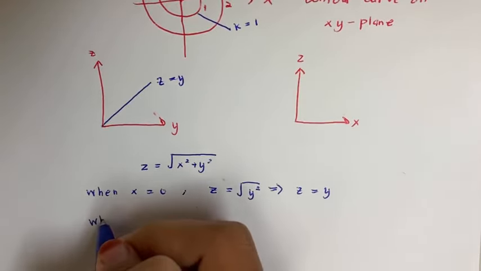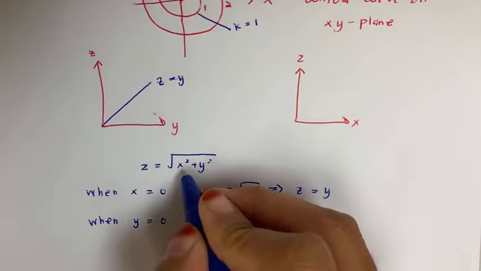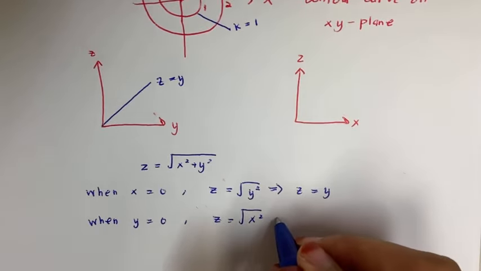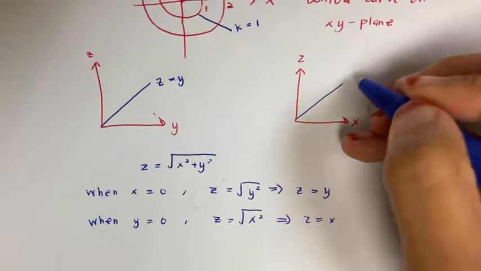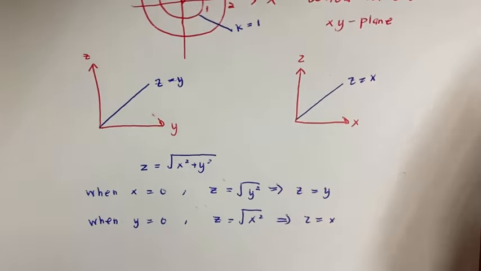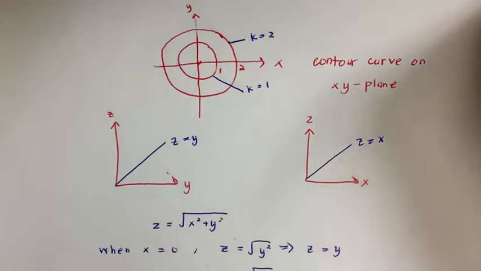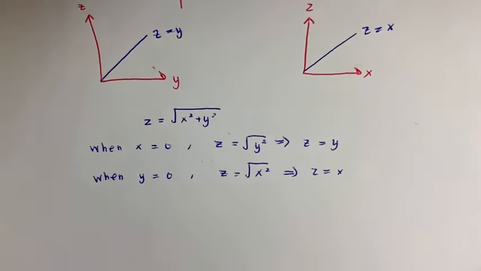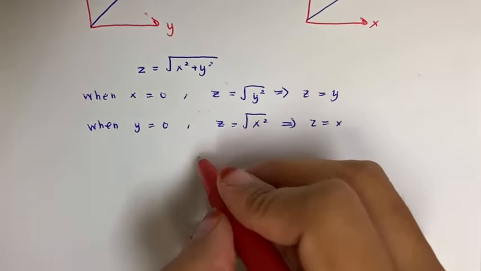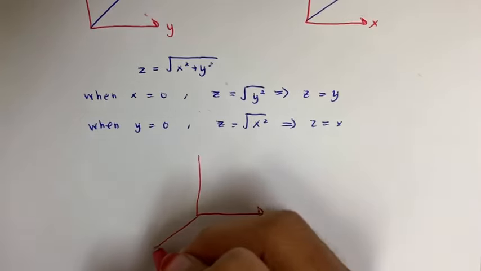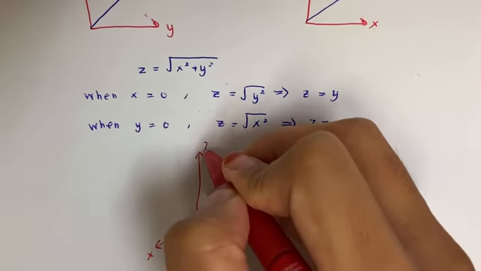Then for the zx plane and y equal to 0, z becomes square root of x squared, and this is z equal to x. The line for z equal to x is this. Okay, so combining these three planes, the xy plane, zy plane, and zx plane, you will come out with this 3D picture. You have here x, y, and z.